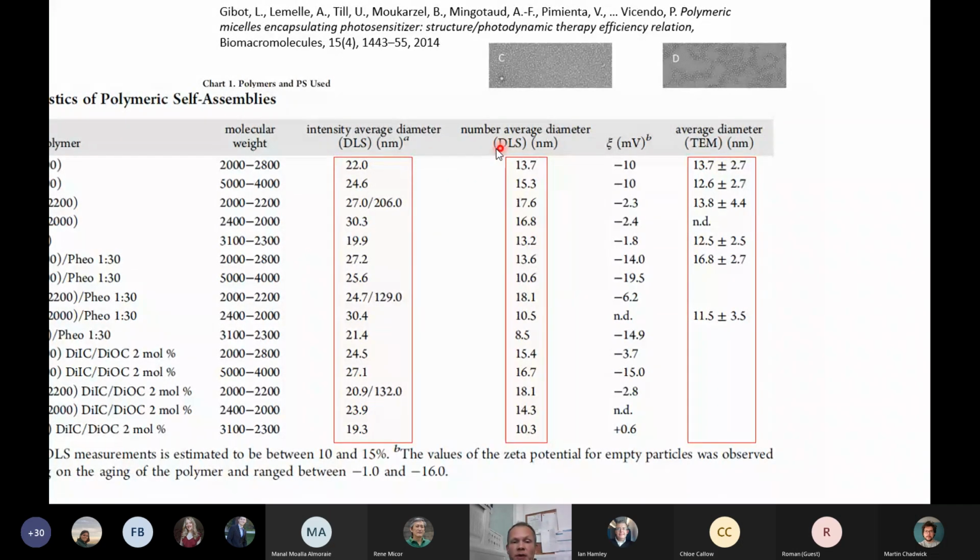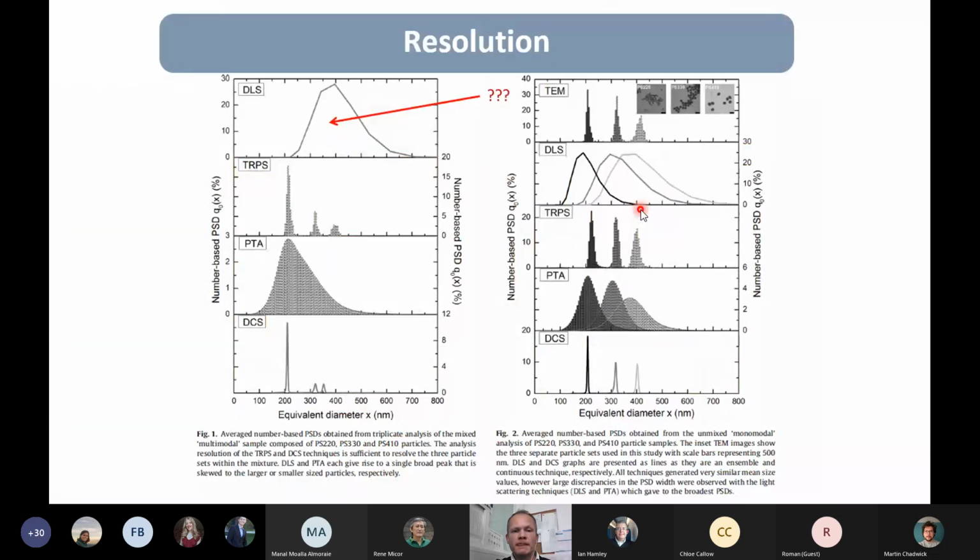But if you convert the intensity average diameter to number average, you see quite nice agreement between these two values, and that's what you have to do if you are concerned about this discrepancy between microscopy and dynamic light scattering experiments. Just remember that dynamic light scattering is based on scattering intensity, and bigger particles scatter much more than smaller particles.